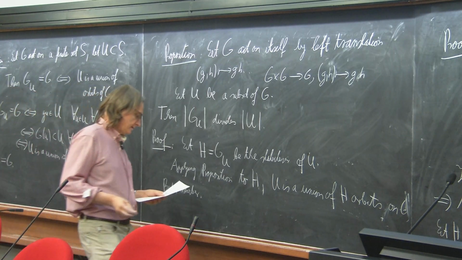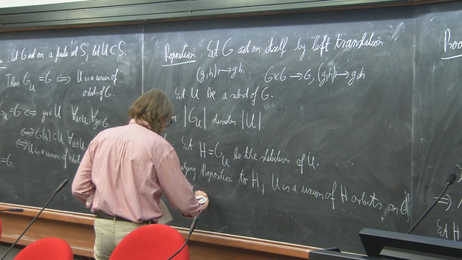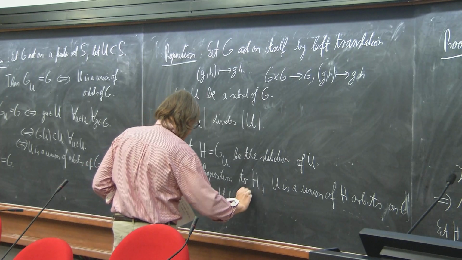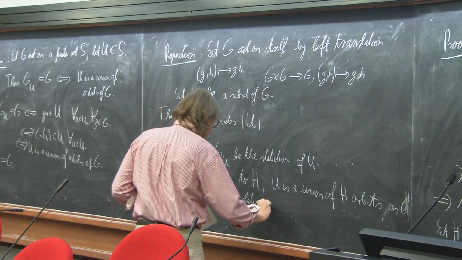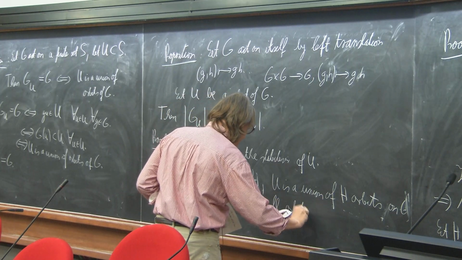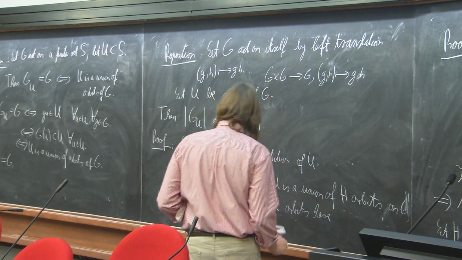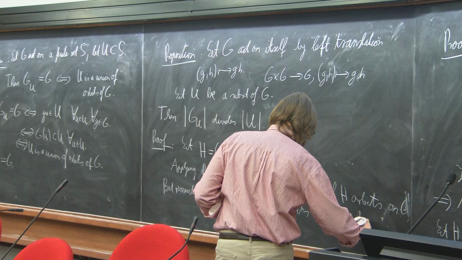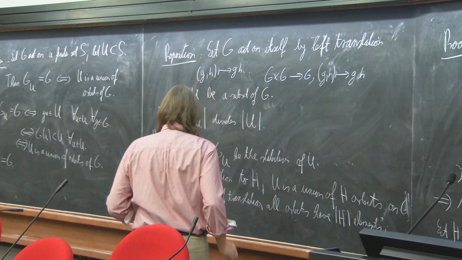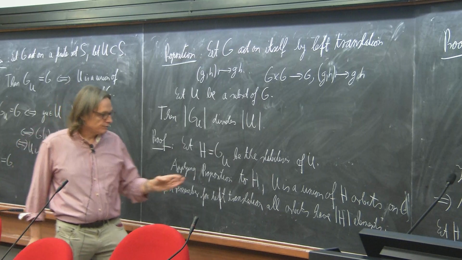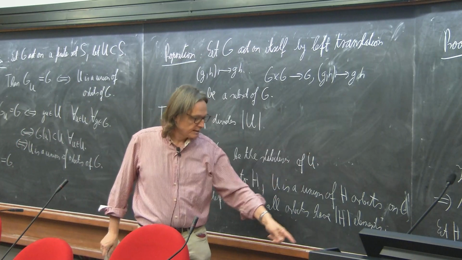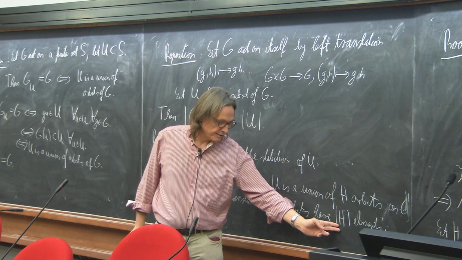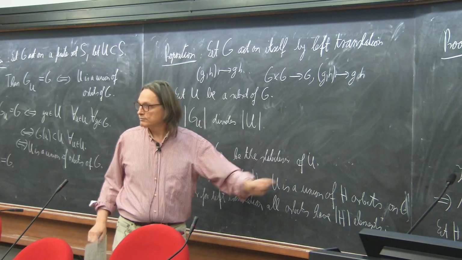So all orbits have as many elements as the group which acts, so as H elements. So therefore, U is a union of orbits. Each orbit has as many elements as H. So therefore, the number of elements of H must divide the number of elements of U.